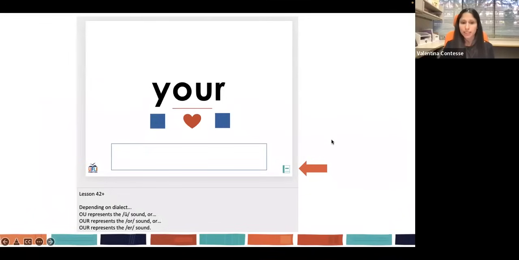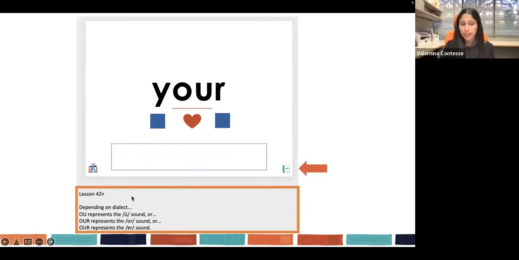It's very important that in this step, you have the slides in editing mode because there are a few different features on these slides that are helpful for your instruction. The first is that in the notes, it will always very clearly state why that part that's with the heart is irregular.